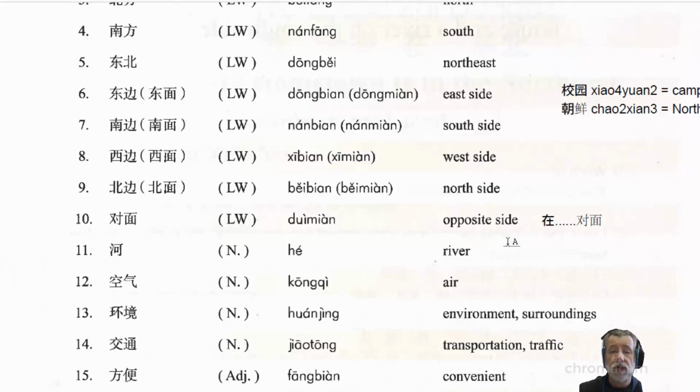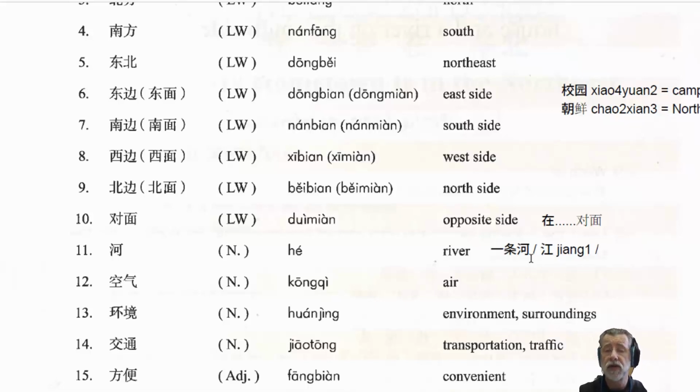Moving on, we now have river. So this is one word for river, very common word. 河, and the measure word for river is 一条河, 条. There is another word for river which is 江. Just put that pinyin there. 江.